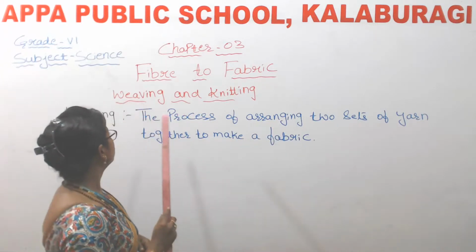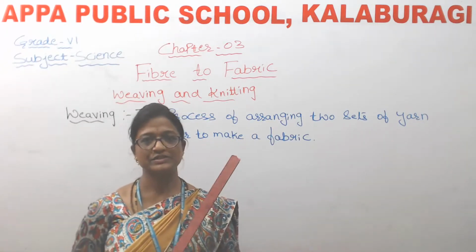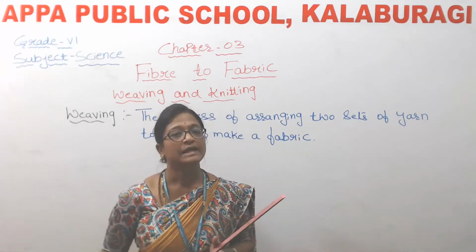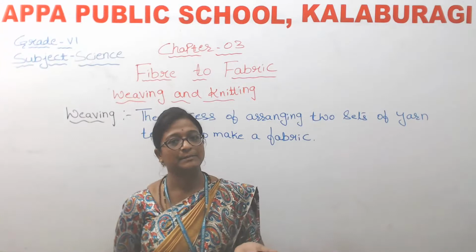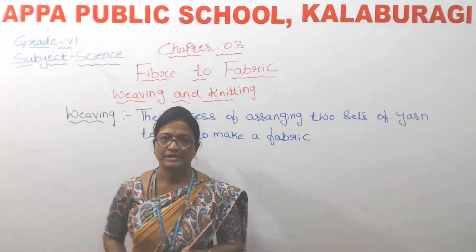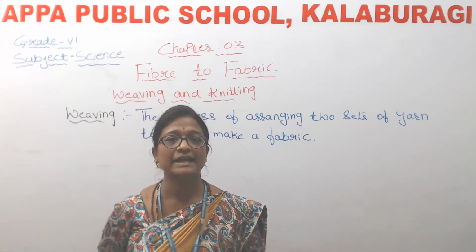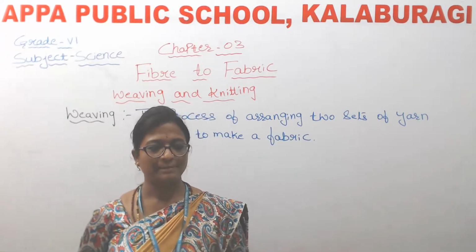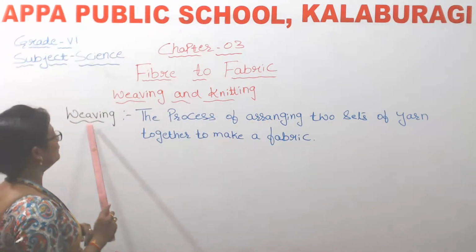This weaving can be done on looms. Yes, children, weaving can be done on looms. The looms may be hand operated or even power operated. On smaller scale by hand, but on large scale power operated looms can be used. So this is all about weaving.